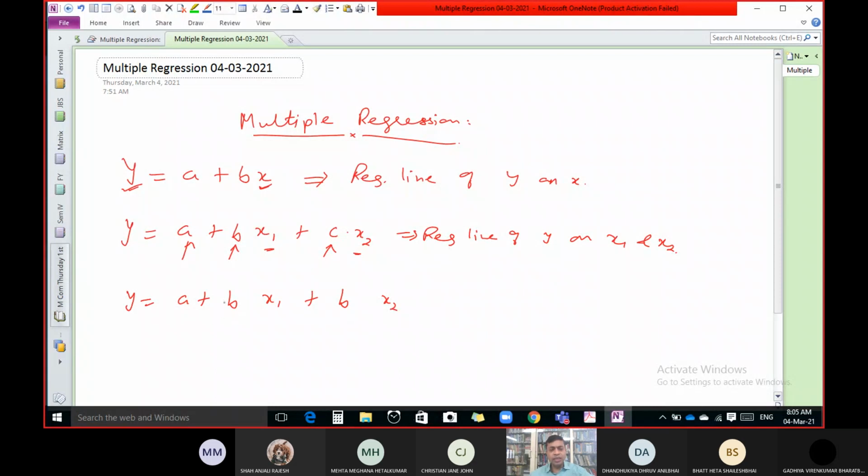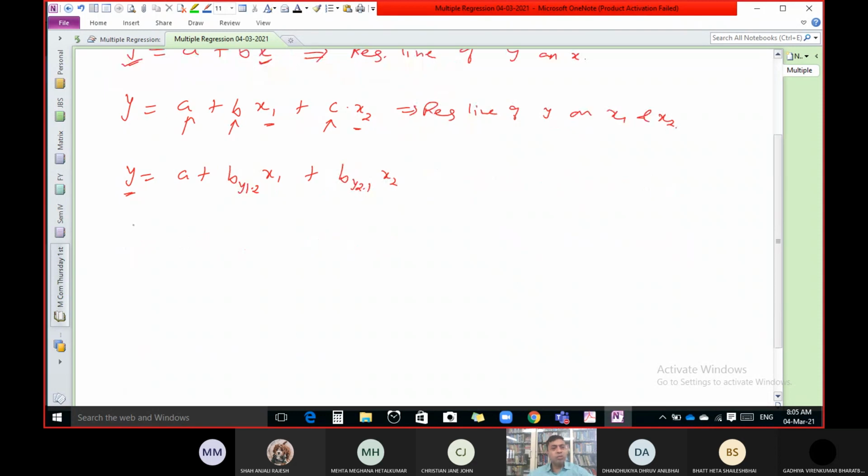You can write this b as b y1, relation between y and x1, so b y1.2, and this you can write as b y2.1. But instead of this, it's better to change the symbol for a more simplified form.